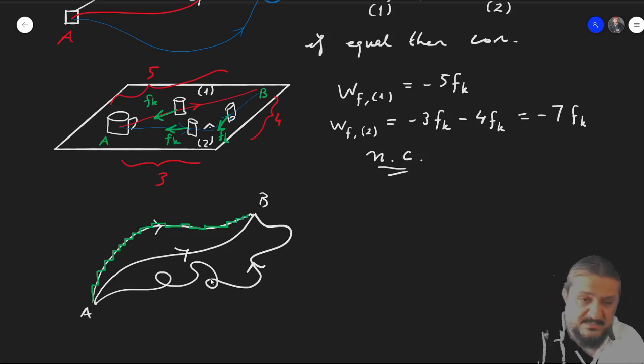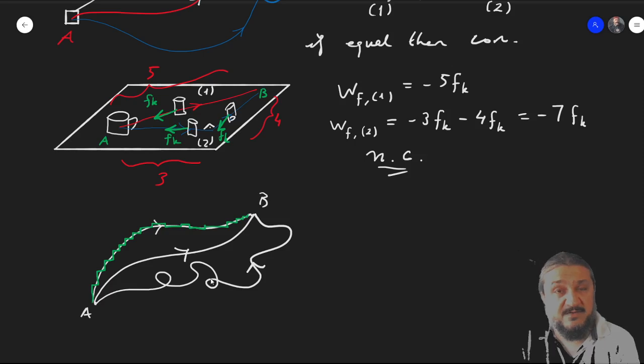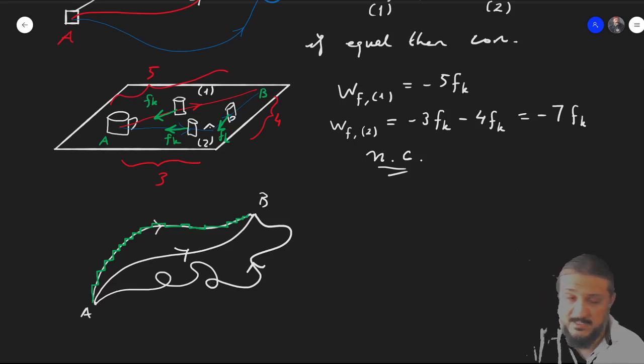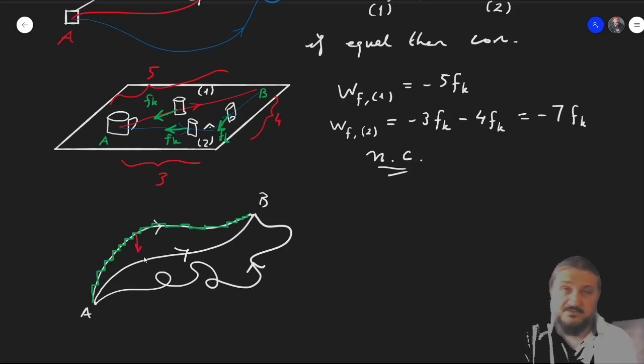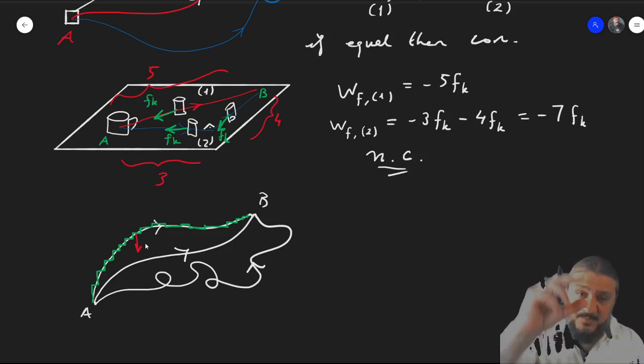But the point is, every time you move horizontally, since gravity is always downward, gravity is not doing any work. So those horizontal movements do not contribute, but the vertical movements contribute. So you add them up.